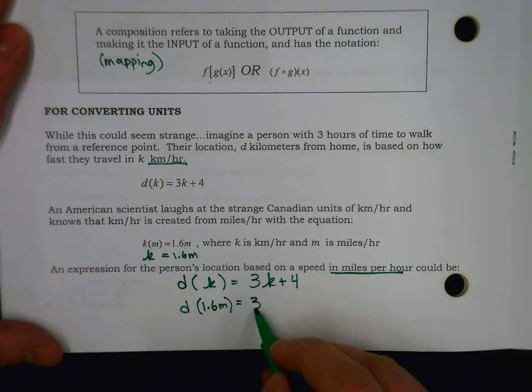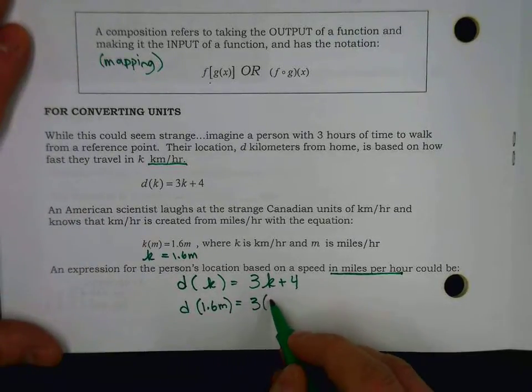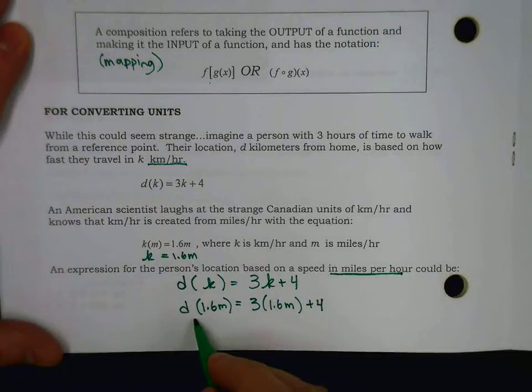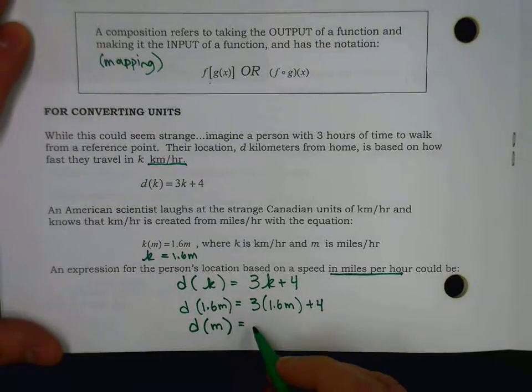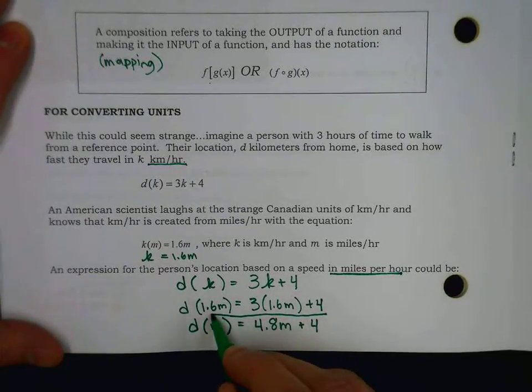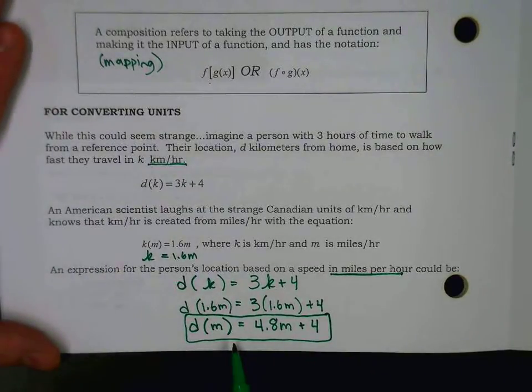In place of k, I am inputting 1.6m. And now we end up with an equation for the distance based on the speed in miles per hour as 4.8m plus 4. What results is an equation for a person's distance based on their speed in miles per hour.